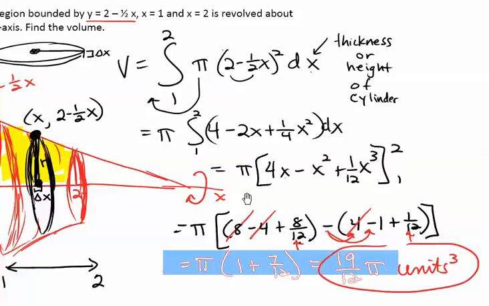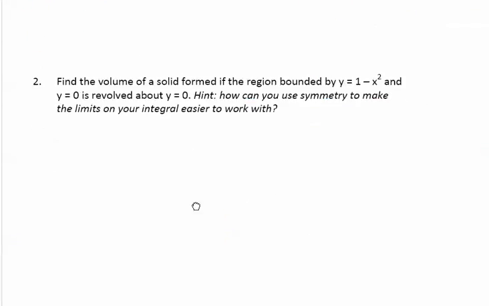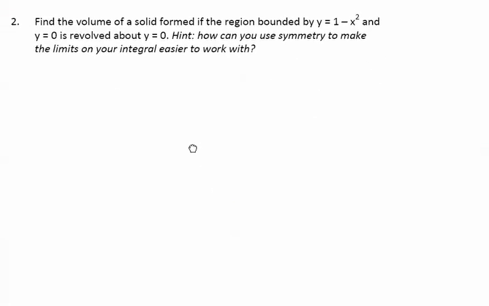All right, let's try another. Find the volume of a solid if the region formed by this upside down parabola and the line y equals 0, that's the x-axis, is revolved around y equals 0. So it's the parabola that has its y-intercept at 1.